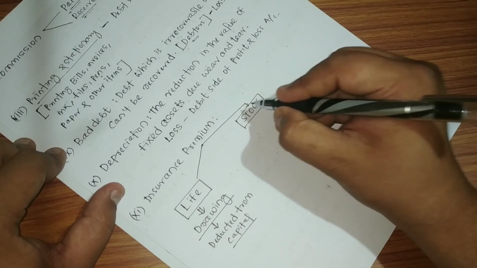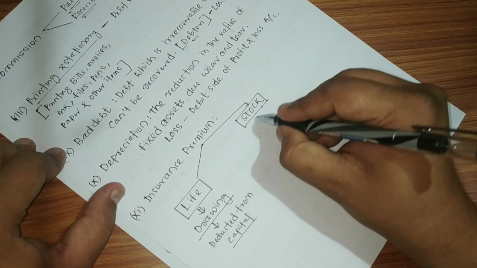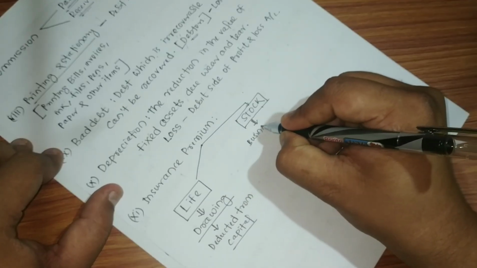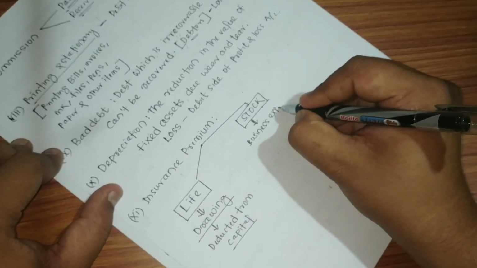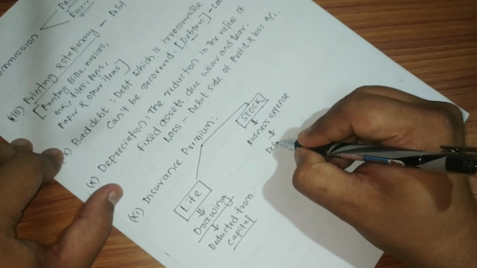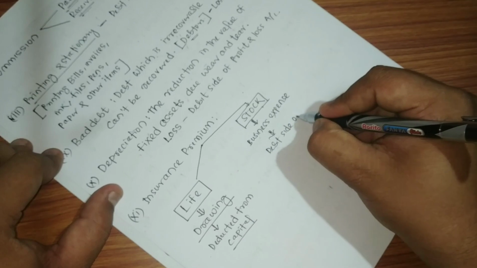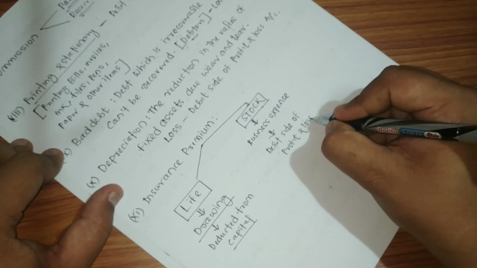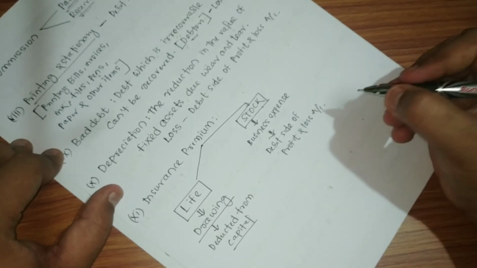However, if insurance premium is given on the stock, then it is a business expense. And it will be recorded in the debit side of profit and loss account.